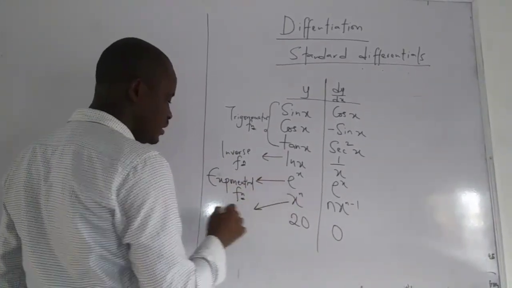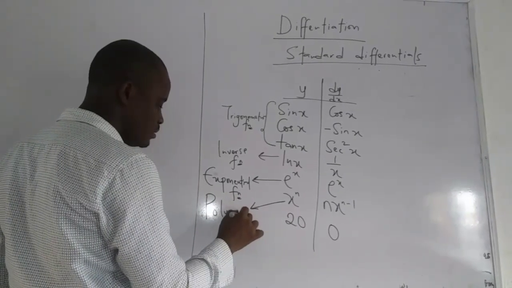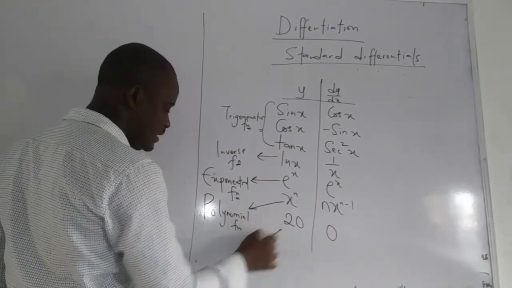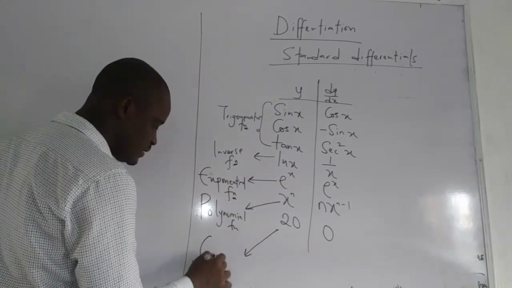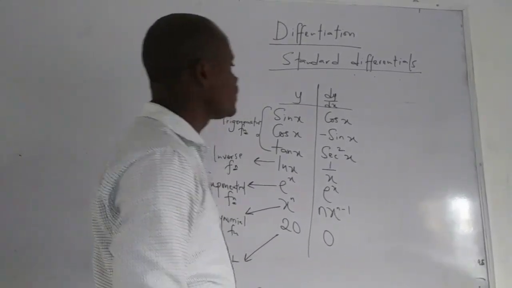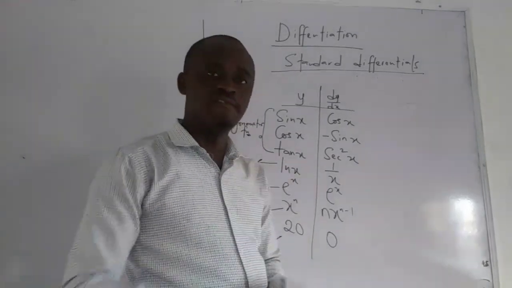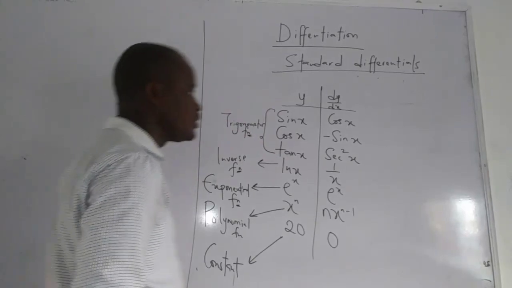This is called the polynomial functions. And this is called the constant. So I believe that we'll make some very quick videos. Now, after doing all of this, I would like to talk about a short video on differentiation of polynomial function.